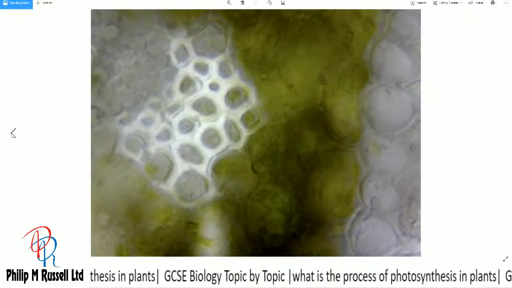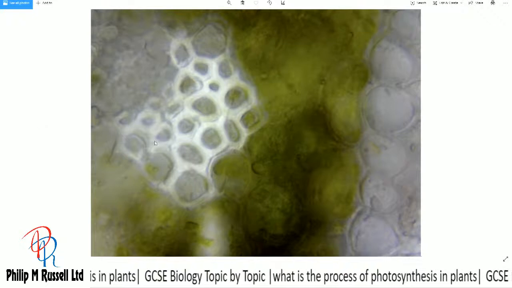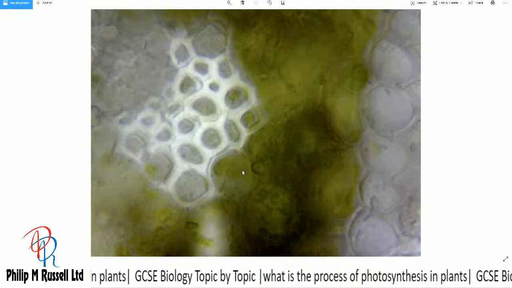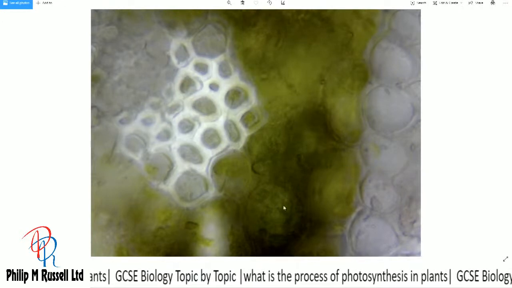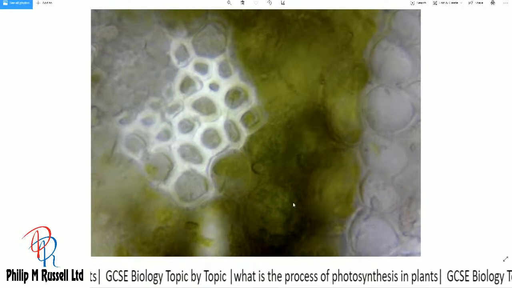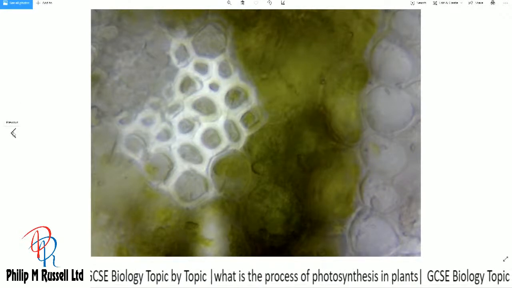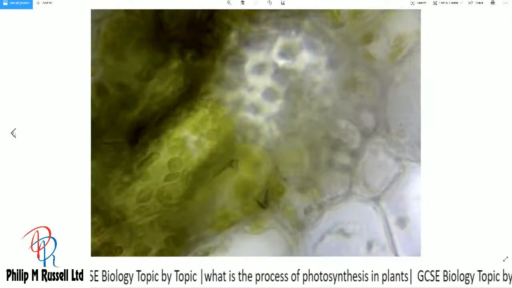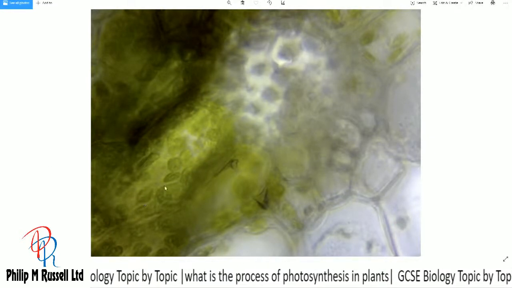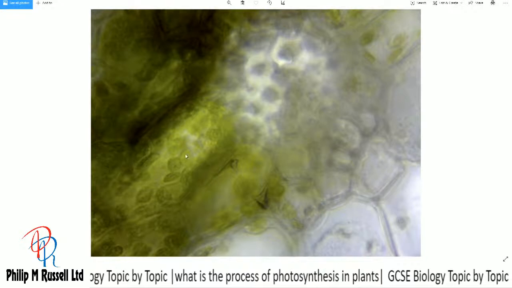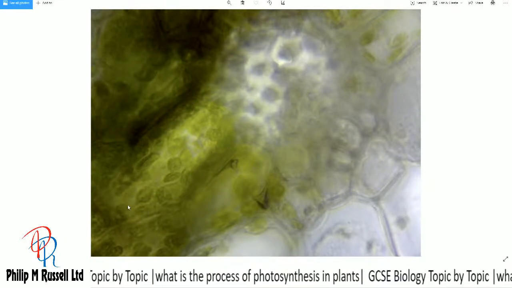If I look in closer, then we can see that some of these cells are absolutely filled with these little green blobs. These are the chloroplasts, and perhaps you can see a little bit clearer in this one some of the chloroplasts inside one of these cells.